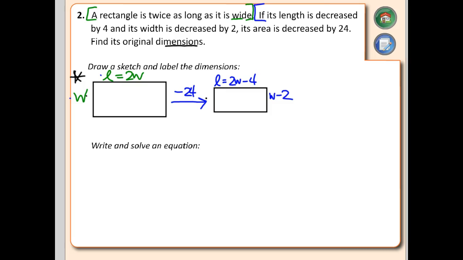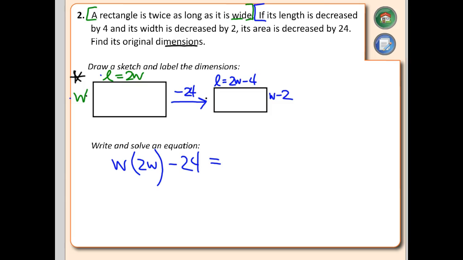So now, how are we going to figure out how to write the equation? Well, we've got the area of the bigger one. How do we find area of a rectangle? Length times width. So we've got W times 2W. And we made it smaller by 24 equals, okay, the smaller rectangle. How do I find the area of the smaller rectangle?